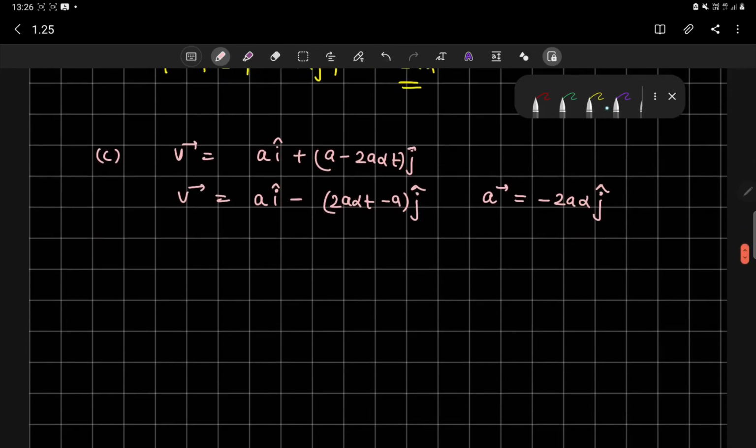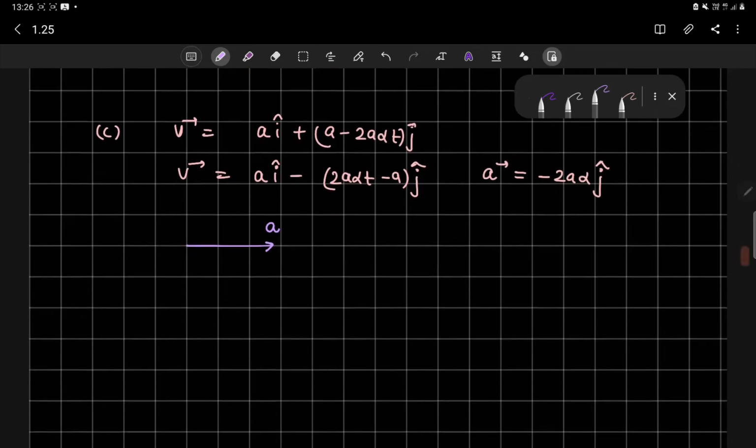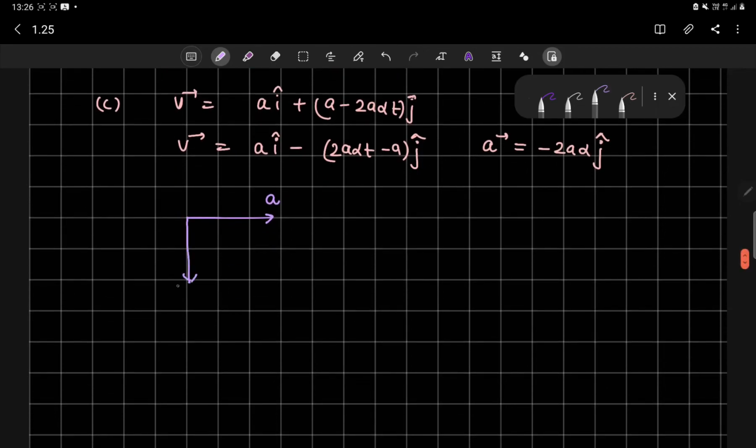Let us first represent the velocity vector as components in the x and y directions. So this is a, the component of velocity in the x direction, and this is 2a alpha t minus a, the component of velocity in the minus y direction, and this is the acceleration vector w.